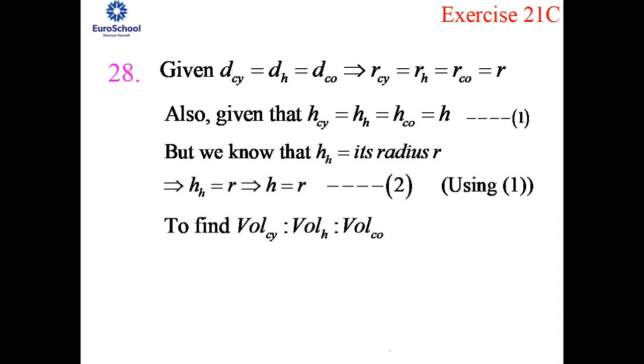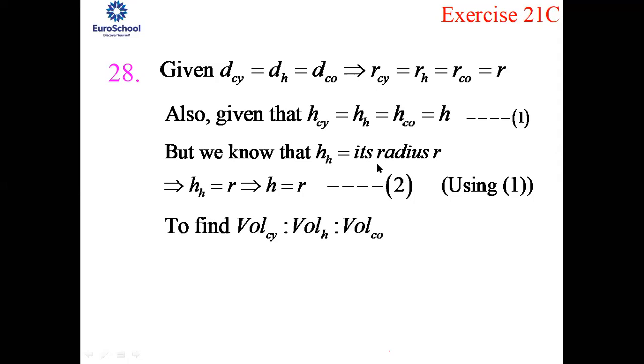Did you understand this? I've put that, but we know that the suffix in h is representing the hemisphere, the height of the hemisphere. Is the height of the hemisphere equal to its radius? Yes. We have seen it in the previous questions using the figures, but here I haven't mentioned the figure.